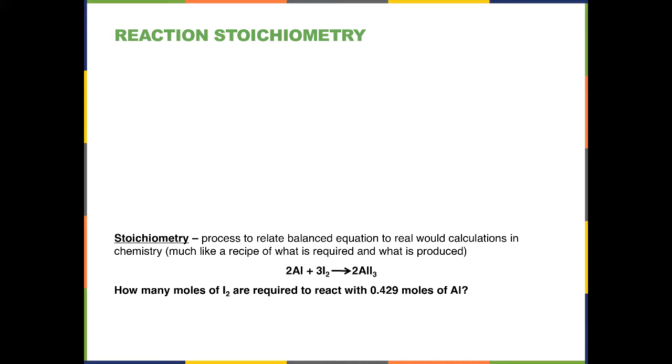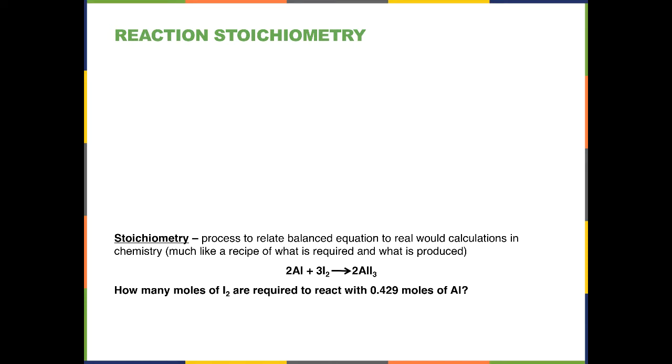So if you have a certain number of moles, you have a certain number of molecules, and the relationship between moles and molecules becomes important because you can now restate this equation here as 2 moles of aluminum plus 3 moles of iodine forms 2 moles of aluminum iodide. So now you've gone from molecules to moles because there's a direct relationship between those two. And you can answer the question that's been given here.